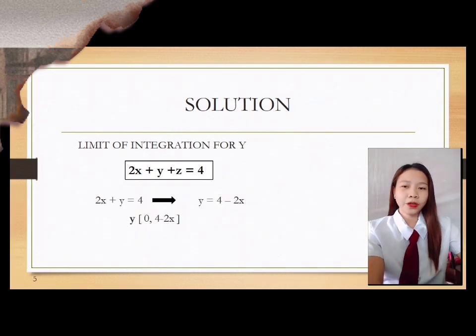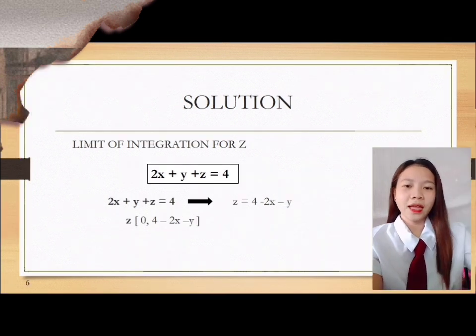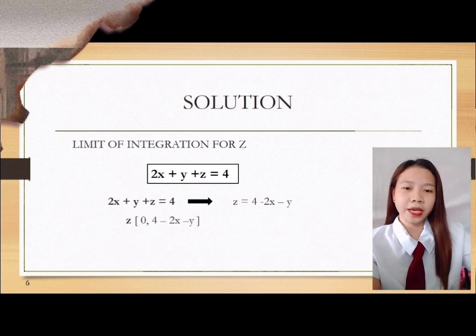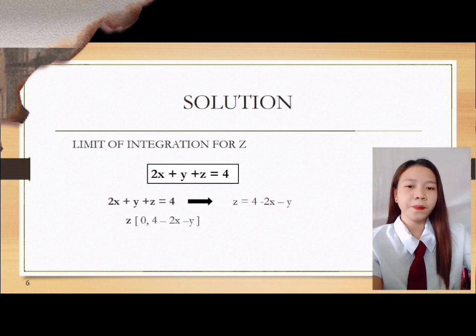For the limit of integration for y, you will use the addition property of equality to come up with the value of y, which is from 0 to 4 minus 2x. The limit of integration for z is found similarly using the addition property of equality. The value of z is from 0 to 4 minus 2x minus y.